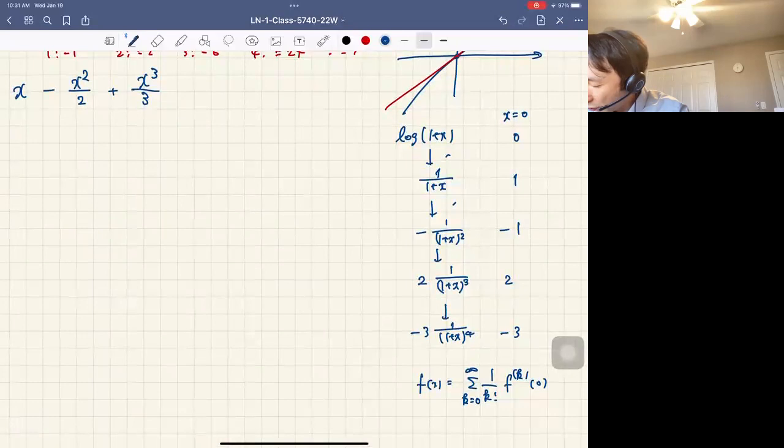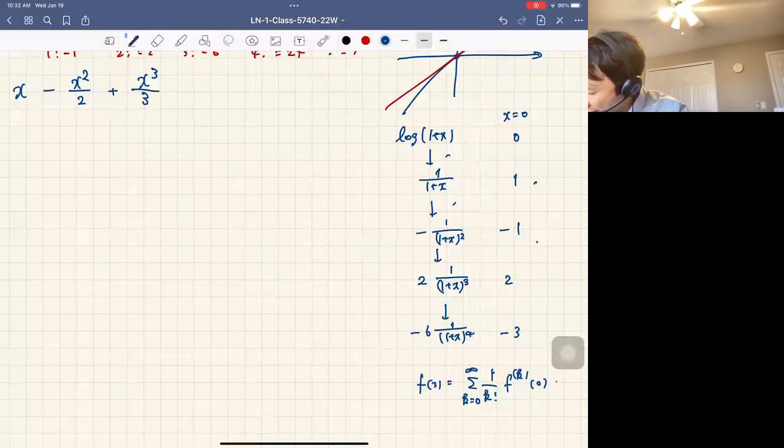And k equal to 1, the first derivative, is 1, so we have the coefficient 1. The second derivative gives 1 over 2 factorial times negative 1, so negative 1/2. And for 3 factorial, we have 2 here. Sorry, I think that this is 6 here, right? So k is equal to 3.